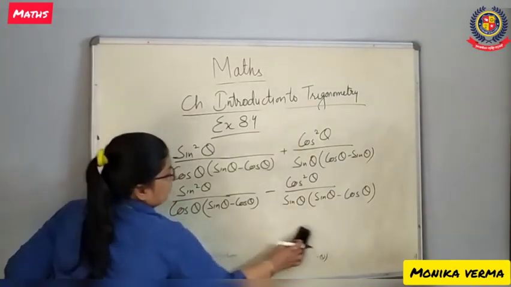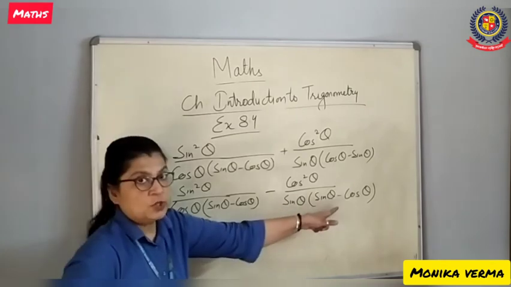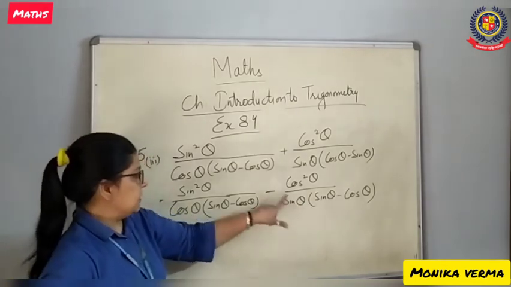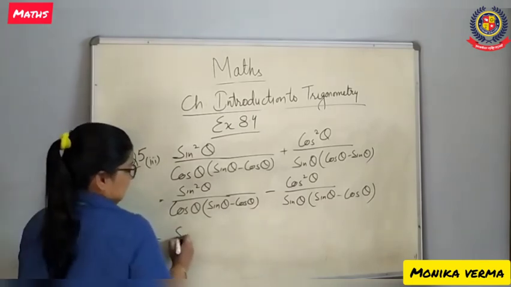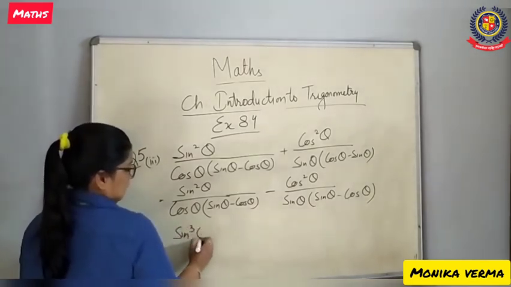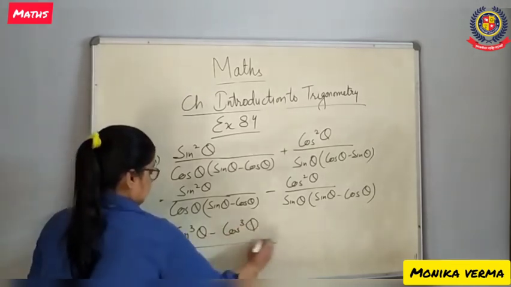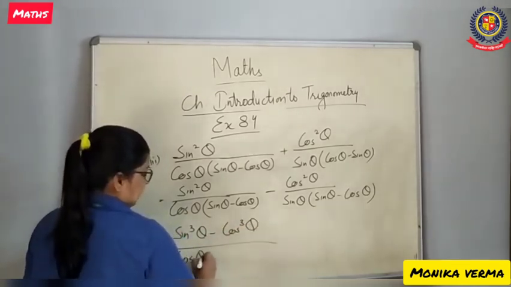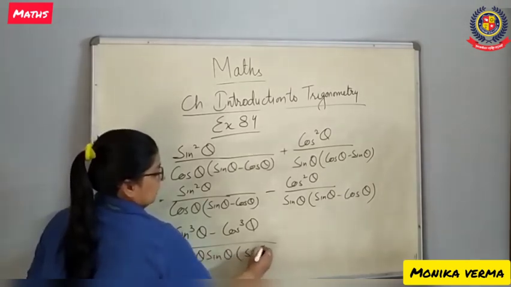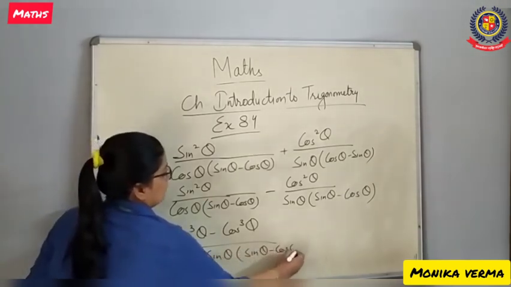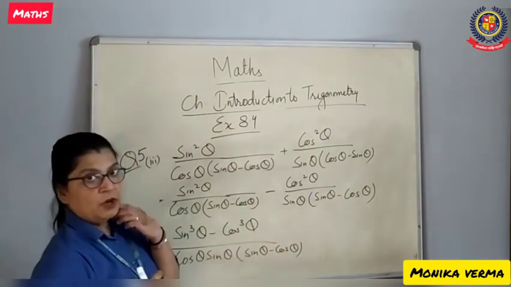Now we will take the LCM here also. Sin theta minus cos theta are the same, so only sin will come here and cos will go there. We will have sin cube theta minus cos cube theta upon cos theta sin theta (sin theta minus cos theta). This is common, so it will come as it is and will not be multiplied with anything.